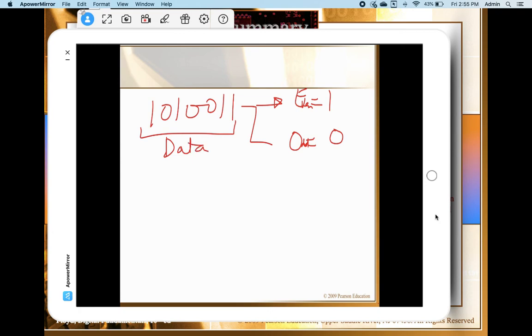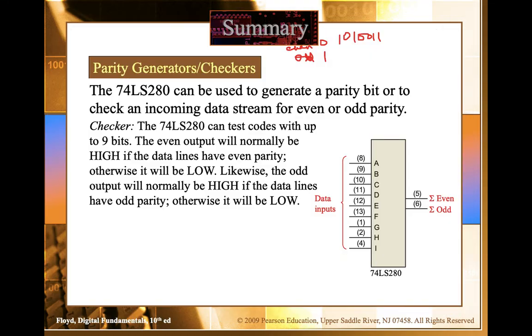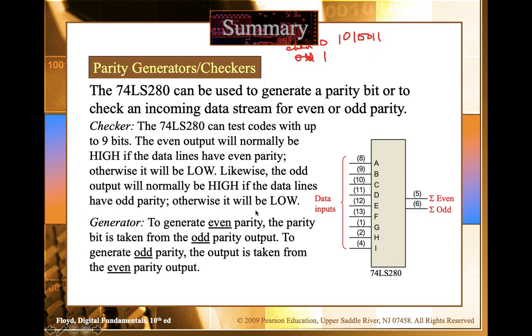Now, how will we generate the even or odd parity? What the generator actually does is, as you can see here, if you want to generate even parity, the parity bit is taken from the odd parity output. So you use this IC with the data: you have the data, and you append the odd output pin if you want to generate even parity.